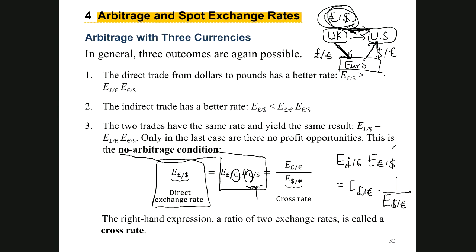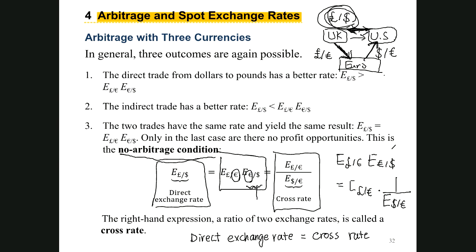So this is referred to as the cross rate. So if there's no arbitrage opportunity, the direct exchange rate should equal the cross exchange rate, or cross rate.